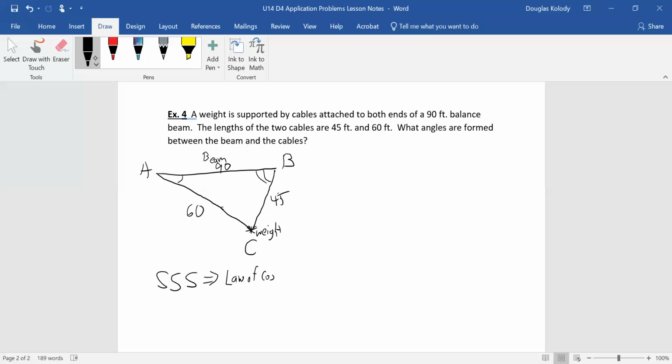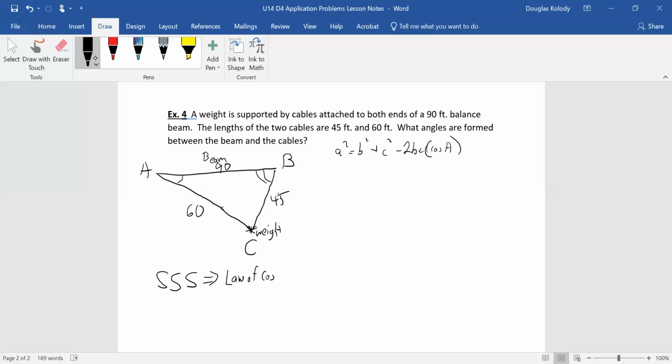To find angle A, we're going to use a squared equals b squared plus c squared minus 2bc times the cosine of angle A, which is what we're looking for.